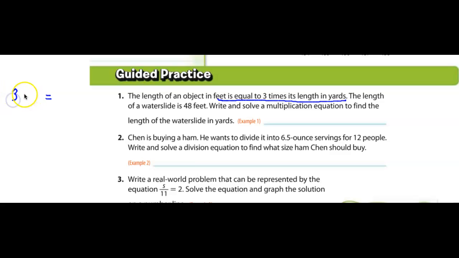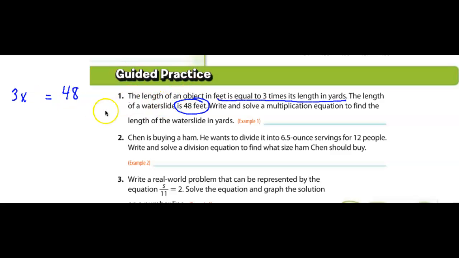So 3 times, and I'm going to use x to represent yards. 3 times the number of yards is equal to the number of feet. And then it does tell us here how many feet that will be equal to. And that answer is 48. So 3 times something is equal to 48.